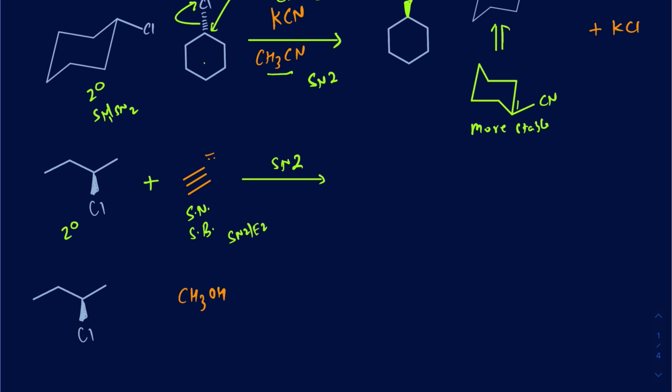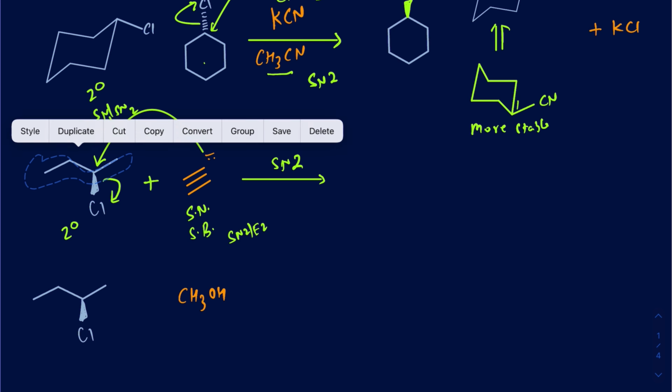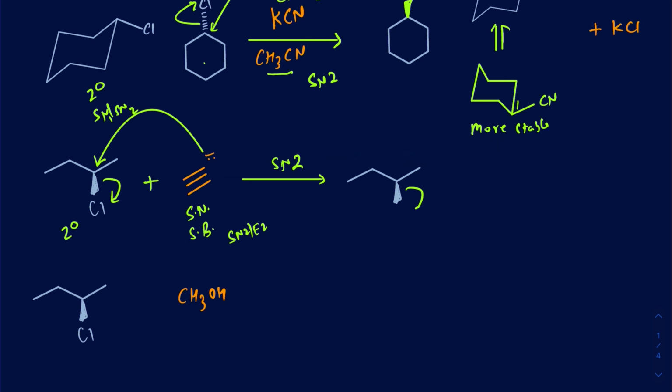Since we have this doing an SN2, I would have this doing the backside attack. And when this does the backside attack, this chlorine is going to leave. And how is your product going to look? We will have this in the inverted form.